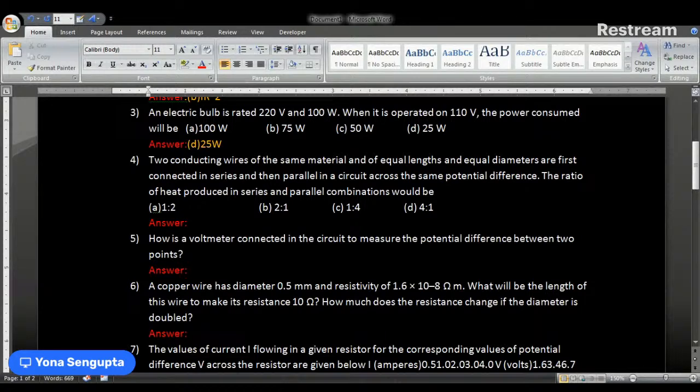Hence the ratio of the heat produced in parallel by heat produced in series is R by 2 whole by 2R. So it becomes R by 2 into 1 by 2R, so it becomes 1 by 4.